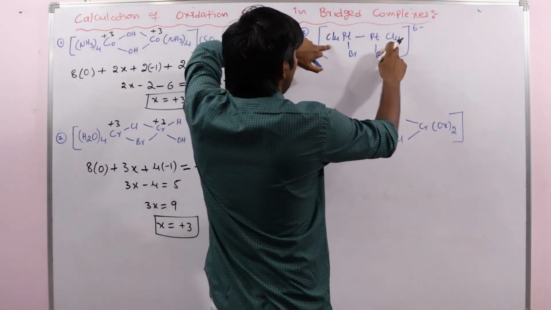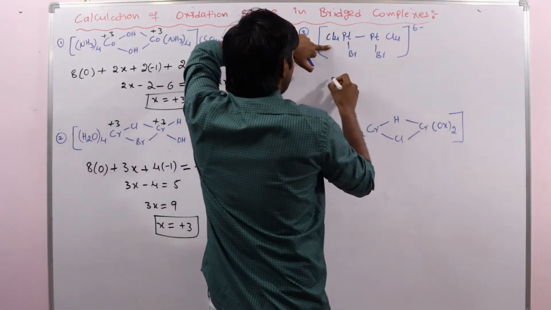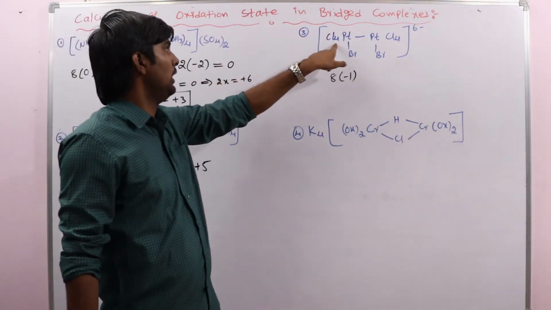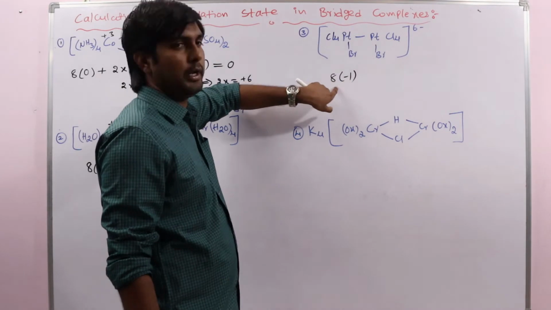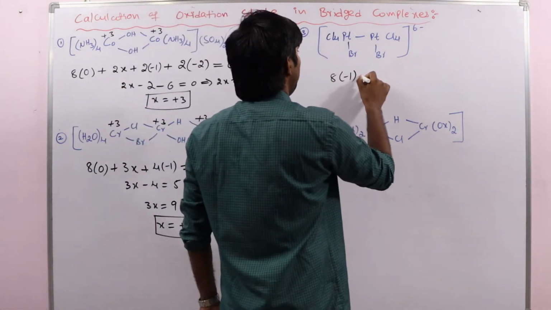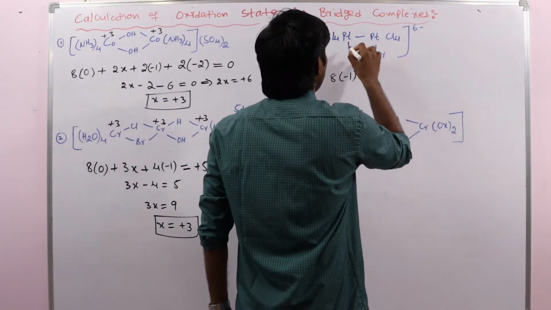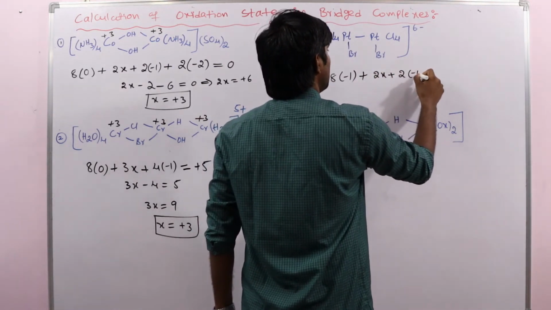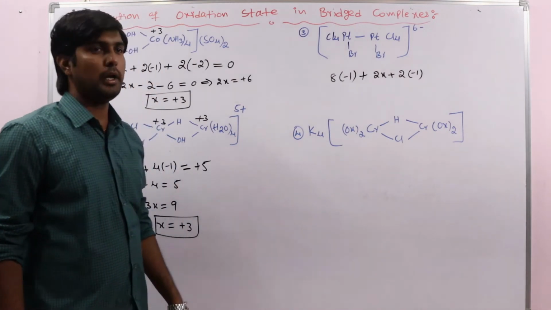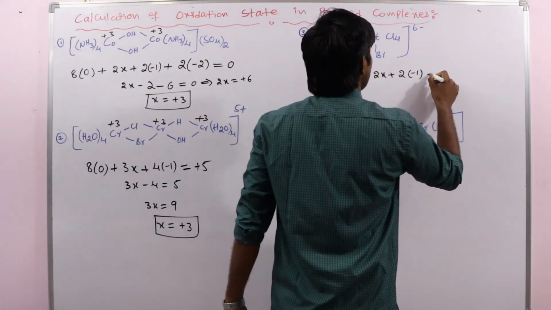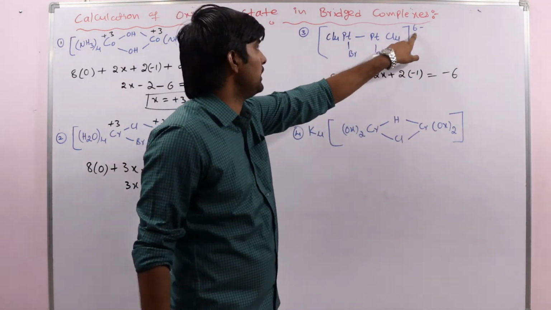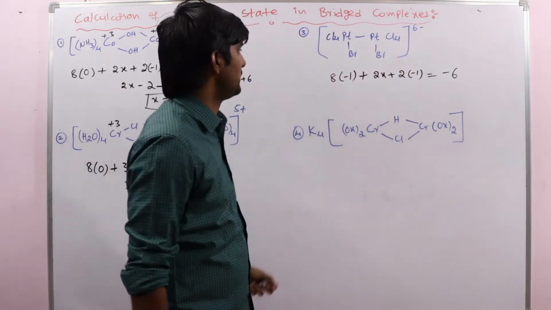Here we have total 8 chlorides, so 8 into -1, each chlorine carries -1 oxidation state, plus 2 platinums, so 2x, plus 2 into -1, 2 bromide ions we have here, that is equal to -6, because the charge present on the coordination sphere is equal to how much? -6.